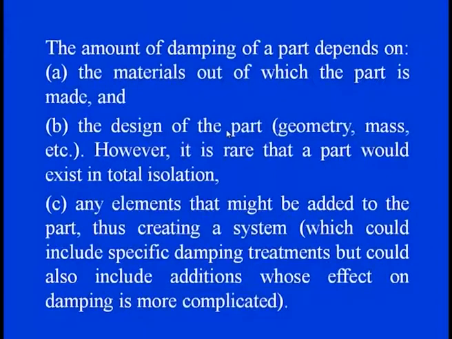So, the amount of this damping is a part of the entire damping, and it depends on the material out of which that part is made, meaning what exactly the material of the object is. Second, for that object part, the design of that part in terms of the geometry, because accordingly the distribution of the material is there.